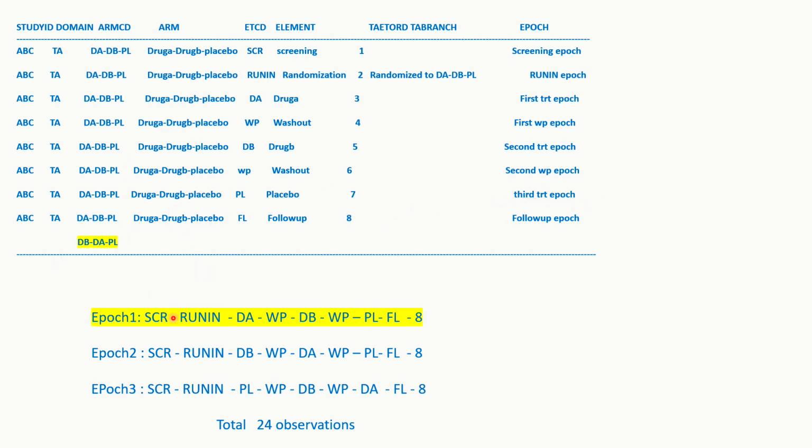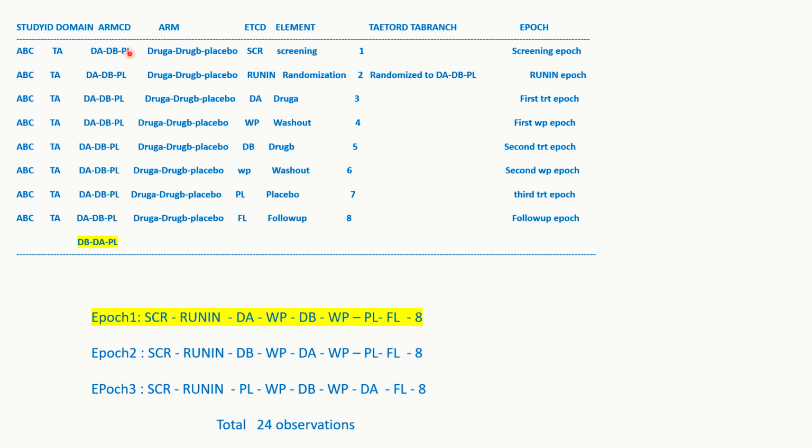So for a subject in a crossover study, first we will get 8 observations when the arm is drug A, drug B, placebo. In the case of drug B, drug A, placebo, again 8 observations will come in a similar way. The epoch, treatment order, element order, everything will be shared. Here the arm and arm code will be different.